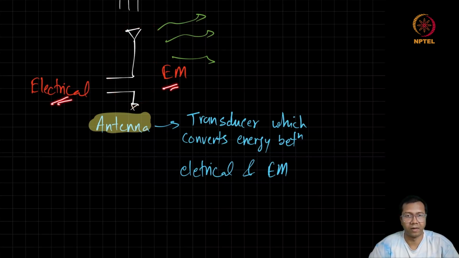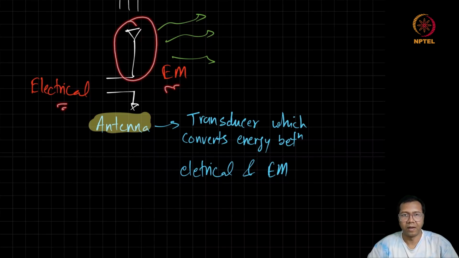and the wireless channel. Okay, so next what we are going to do is look into some of the specifications of the antenna and what trade-offs are present with respect to the practical size, the frequency of operation, and how efficient an antenna can be.